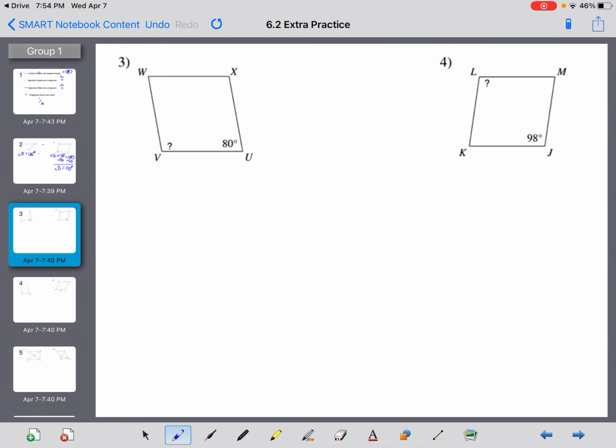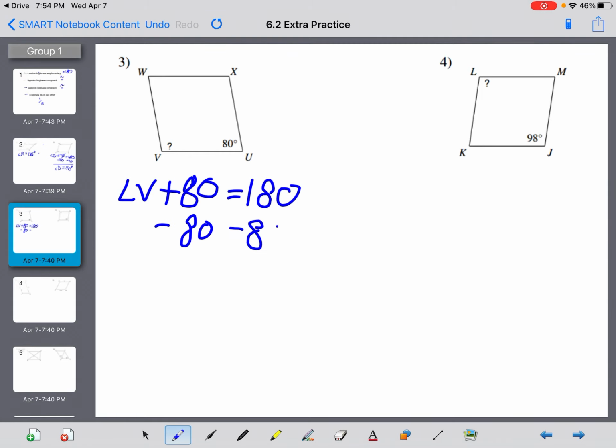For number three, again, angle V and angle U are consecutive. So angle V plus 80 degrees needs to equal 180. You're going to subtract 80 on both sides. 80s cancel. Angle V is equal to 100 degrees. For number four, angle L and angle J are opposite angles.